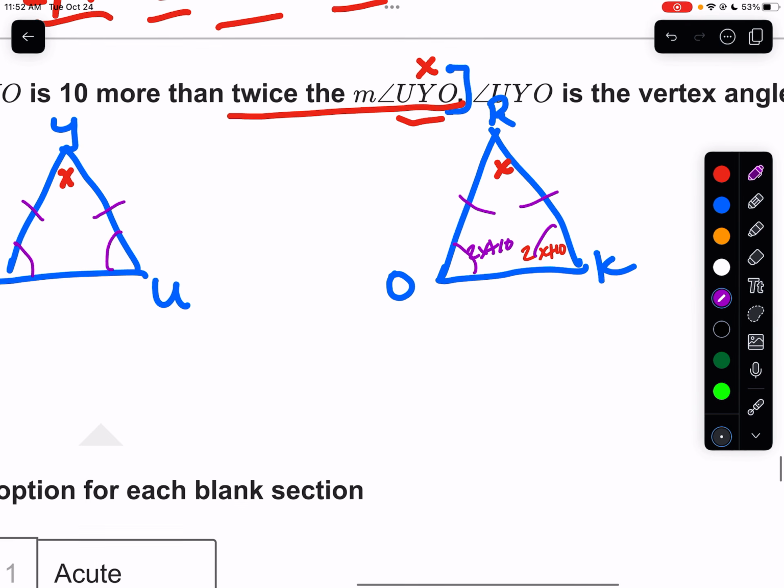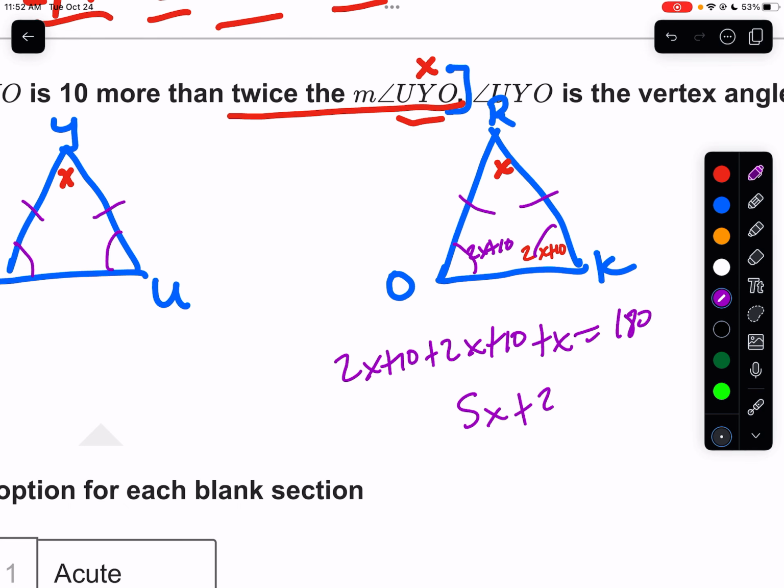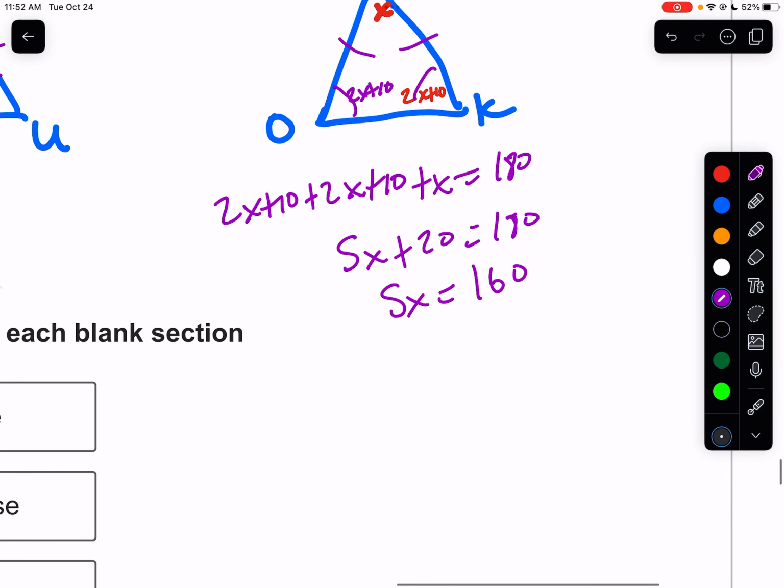So what we know is that 2x plus 10 plus 2x plus 10 plus x has to be 180. So that's 5x plus 20 has to equal 180. So 5x has to equal 160. X has to be 32.